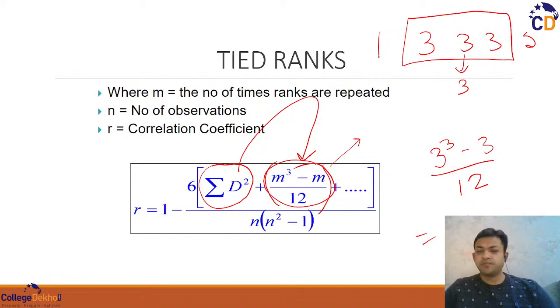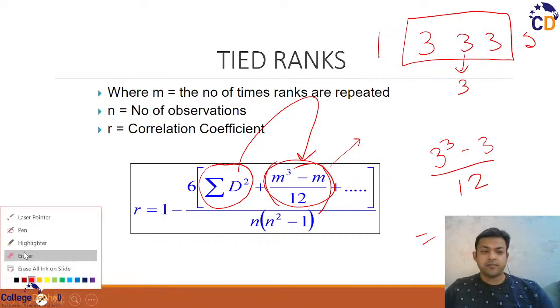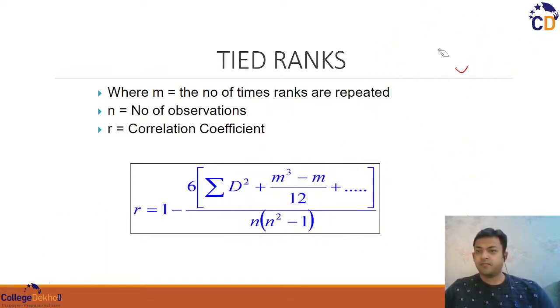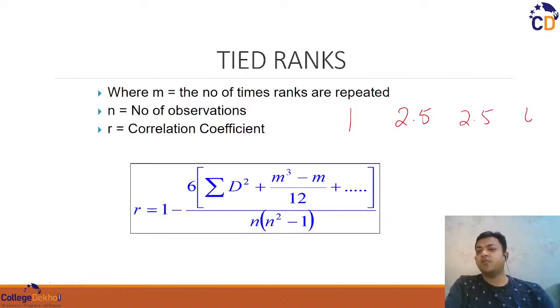Any questions? Let us take another example for the tied ranks. It will make things easier after that. Let's say the ranks are 1, 2.5, 2.5 and 4.